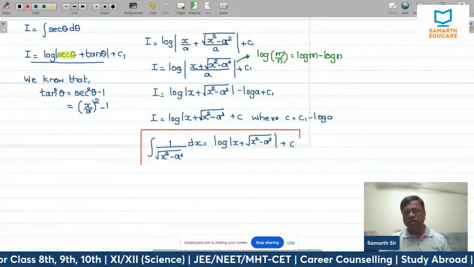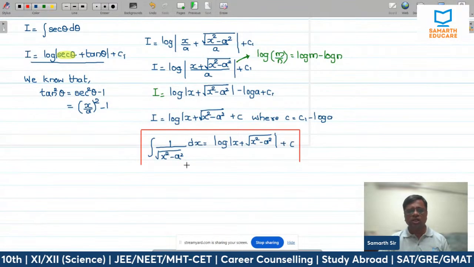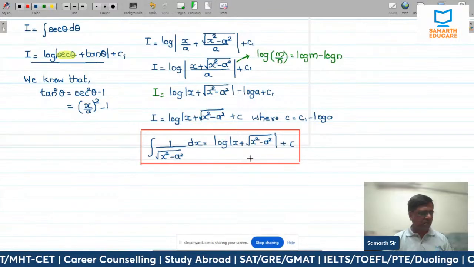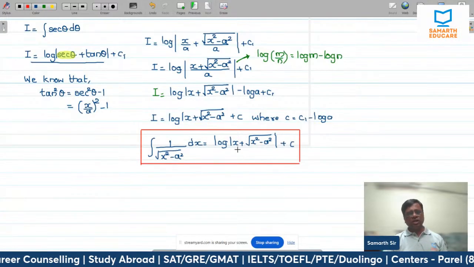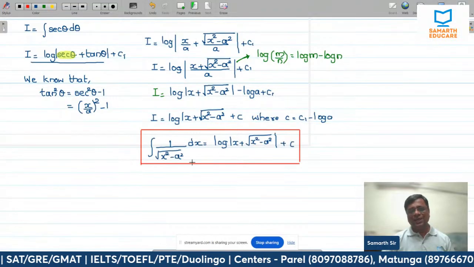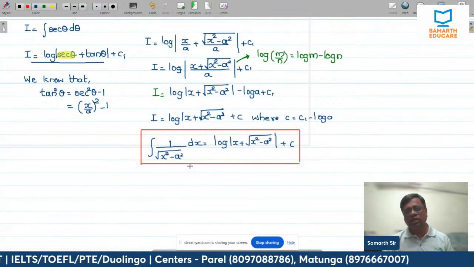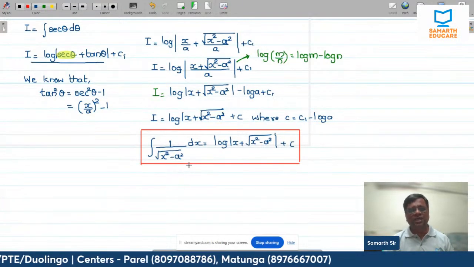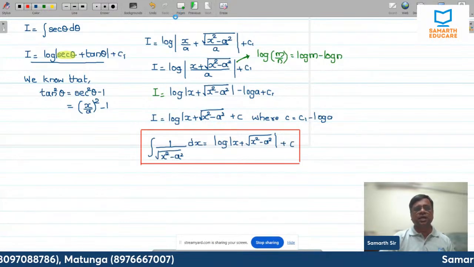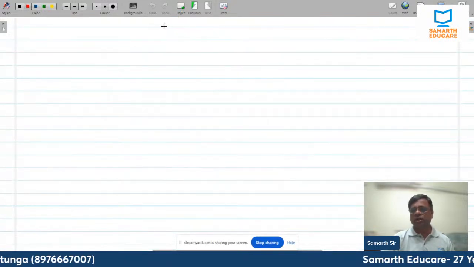Listen to me very carefully. It was 1 upon root of a square minus x square, and the integration is sine inverse of x upon a plus c. The second one is 1 upon root of x square minus a square, and the integration is log of x plus root of x square minus a square plus c. Let's move on to the third part now.